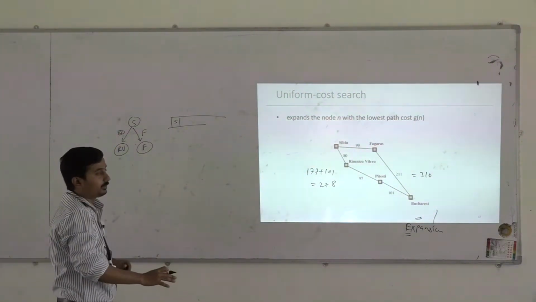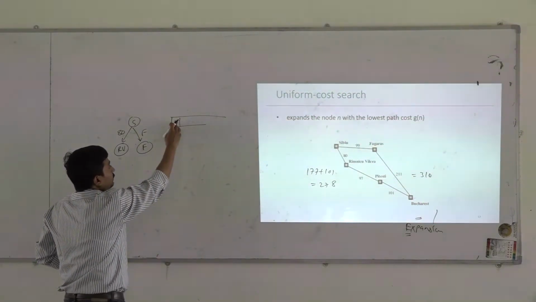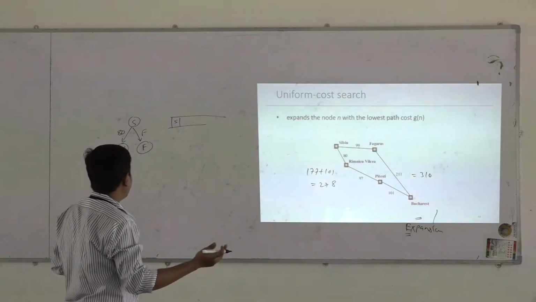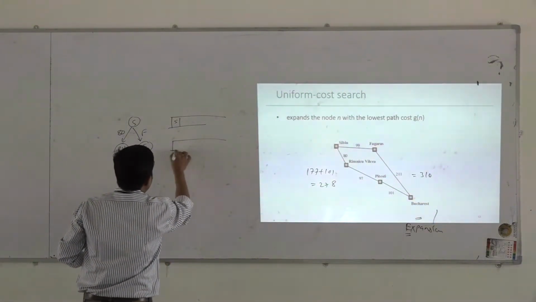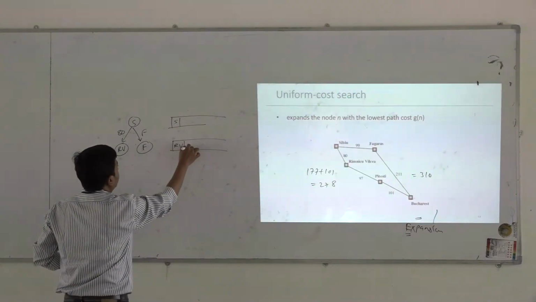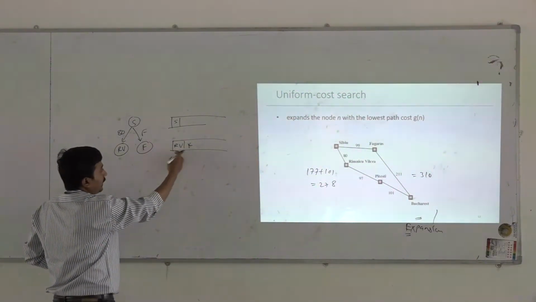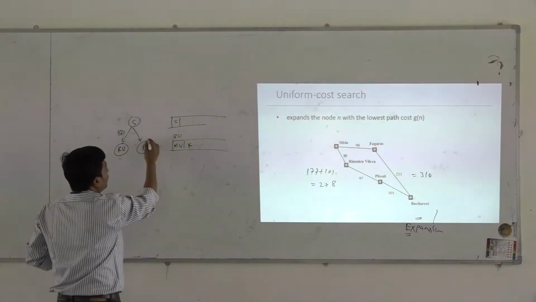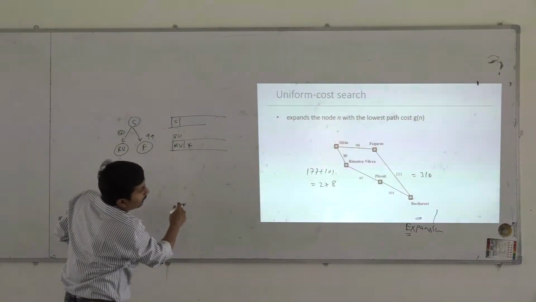This is the initial scenario. Now S will be removed and checked against the goal. S is not a goal. Then its children will be appended. So RV and F will be inserted in this manner because the cost of RV is 80 and the cost of F is 99.